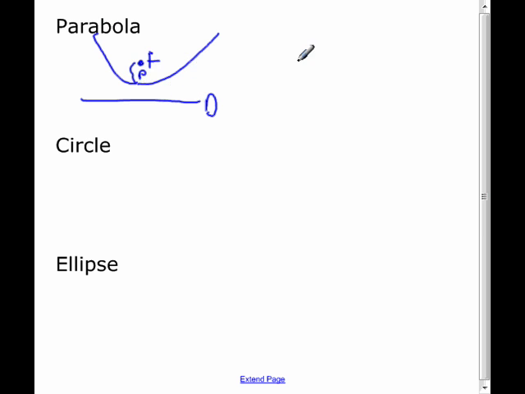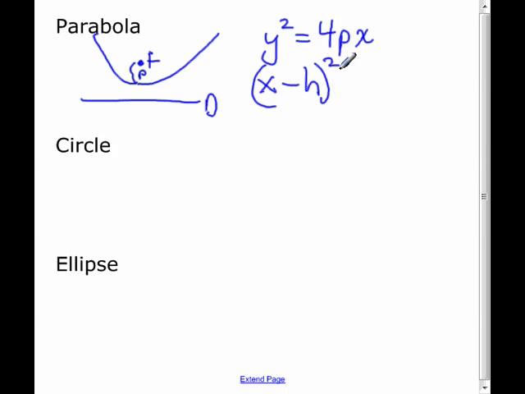And when we looked at the equation for a parabola, I'll just do one or two of them, they could have looked like this: y squared is equal to 4px. That would be a parabola centered on the origin, where the vertex is on the origin. Or I could have another one like this: x minus h all squared is equal to 4p times y minus k.